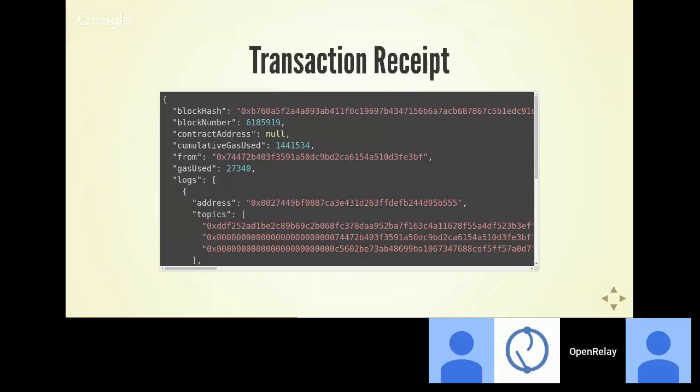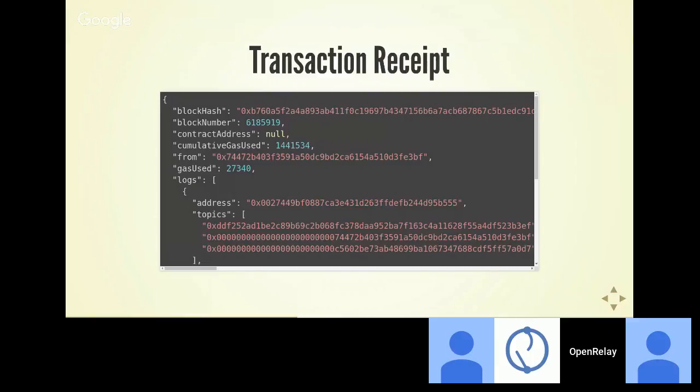So that's not the gas used by this transaction. It's the gas used by all of the transactions in the block up to this point. From is the account that emitted this transaction. Gas used is the amount of gas used by this specific transaction.